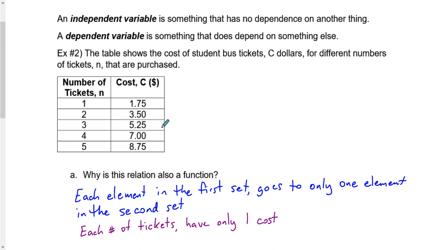So cost is the dependent variable, and the number of tickets is the independent variable. Because technically, number of tickets could be arbitrary. We could say, yeah, we're just going to sell 17 tickets. Well, your next question is, what is that going to cost? Meaning that the cost depends on how many tickets you're buying.